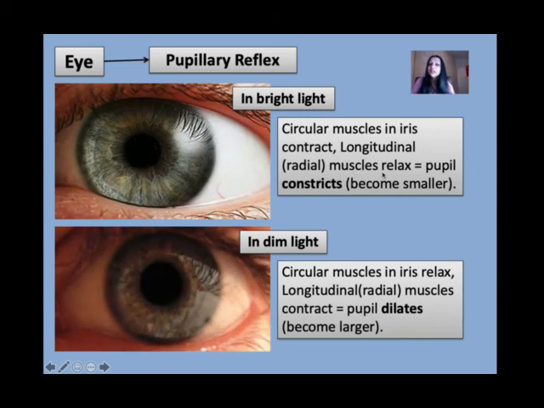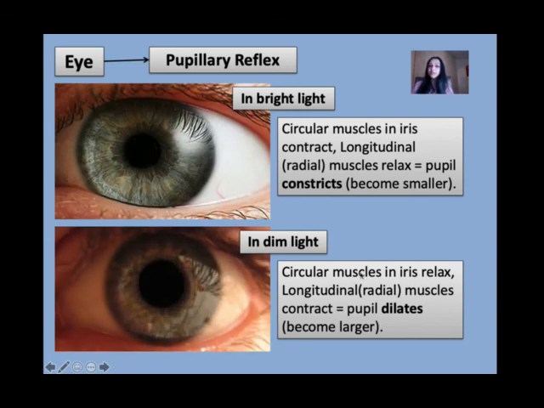What happens to the size of my pupil when the circular muscles of my iris contract and my radial muscles relax? Then it brings about a change in the size of my pupil. My pupil starts to constrict, meaning it starts to become smaller. And the smaller my pupil becomes, the less light is allowed to enter. In dim light, the opposite is going to happen. What will happen to my circular muscles now?